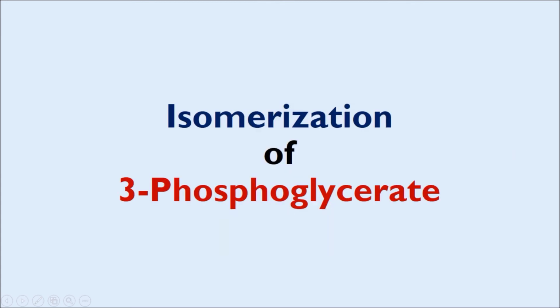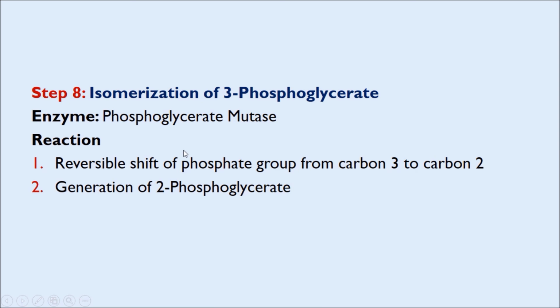The next step is isomerization of 3-phosphoglycerate. The isomerization takes place in the presence of the enzyme phosphoglycerate mutase. The reaction is a reversible shift of the phosphate group from carbon number 3 of 3-phosphoglycerate to carbon number 2 to form 2-phosphoglycerate.